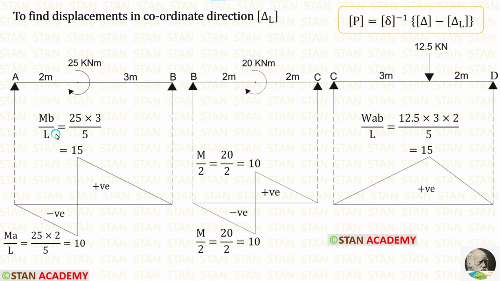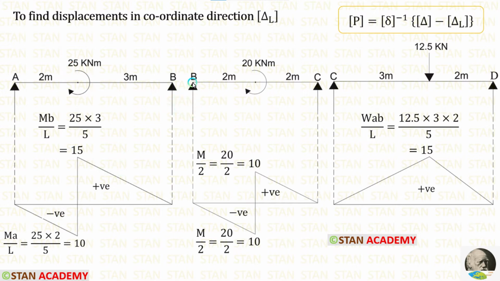The formulas to calculate the ordinates are MB upon L and MA upon L. Here M is 25, A is 2, B is 3. After applying the values inside the formulas, we are getting the ordinates. On the left side of the moment, it will be negative. On the right side of the moment, it will be positive.